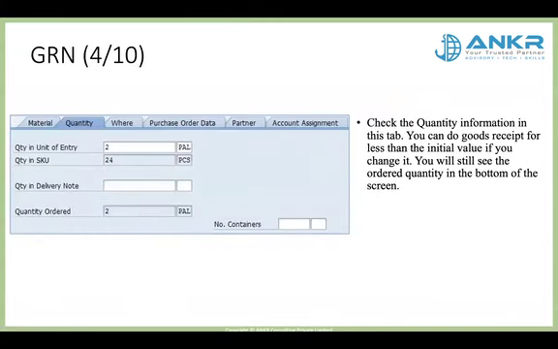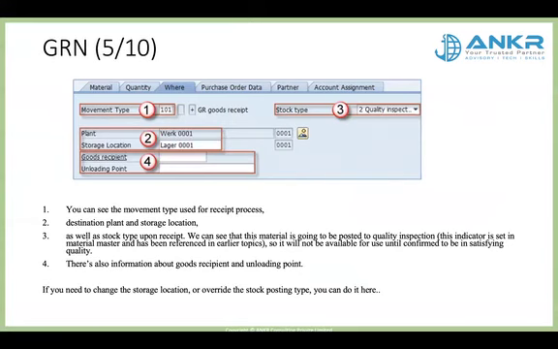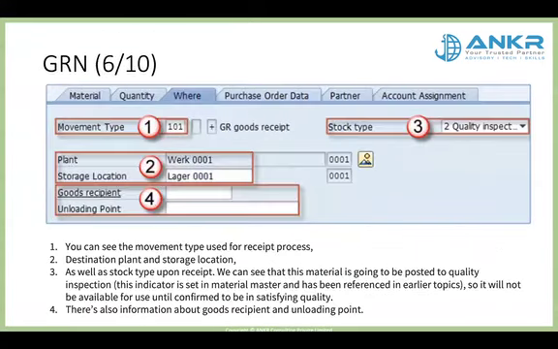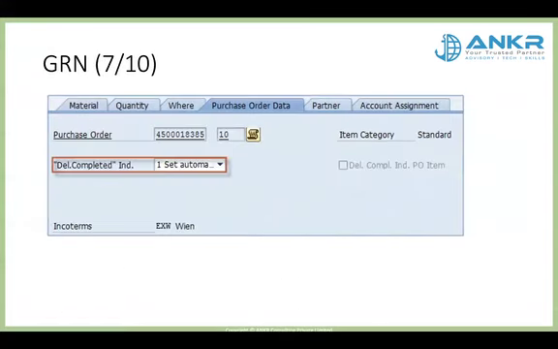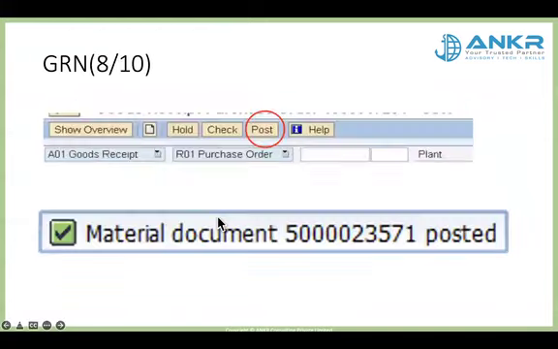Then you will put how many quantities you have received, where these quantities have been received, what is the purchase data. You will do that, and then delivery complete. When you do delivery complete and execute and post, a material document number will get generated. That means a GRIR is posted in the system.